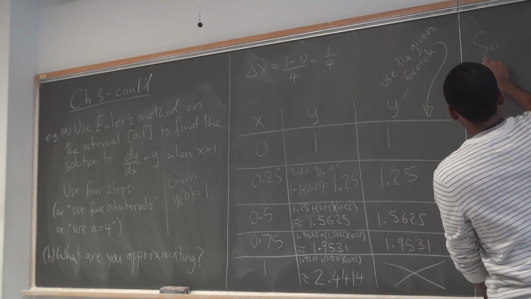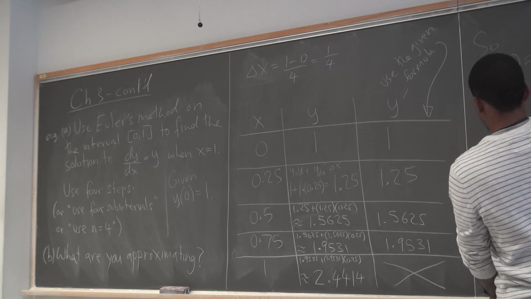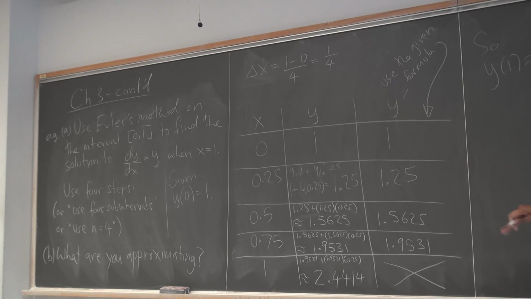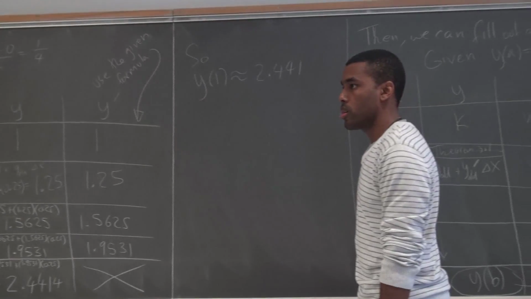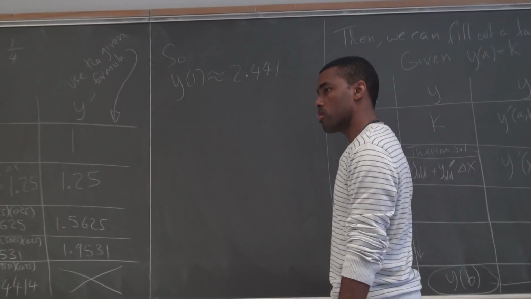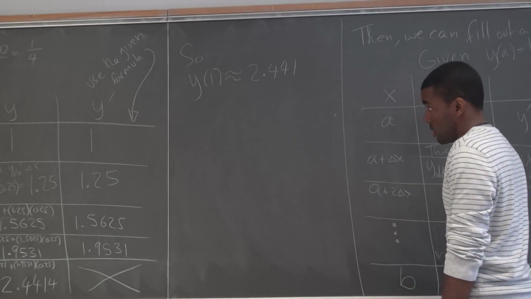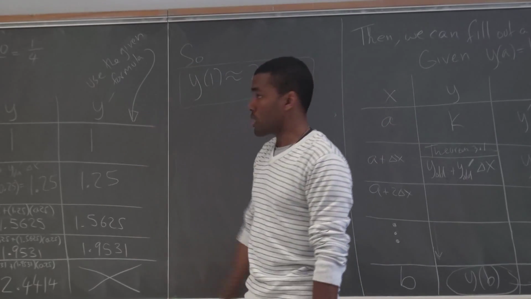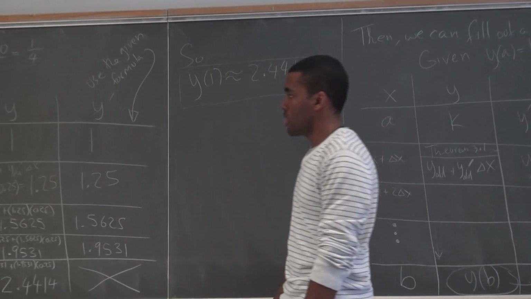So y of 1 is approximately equal to 2.4414. Since we worked in 4 decimal places, we really can be sure of about 3. In general, I'd probably work with 1 or 2 more decimal places than you're required, to get things more accurate. But at the end of the day, that would be your approximation.